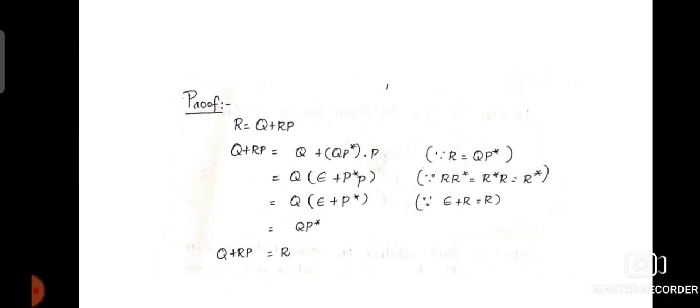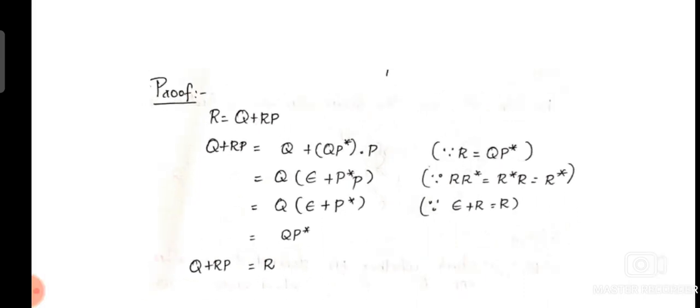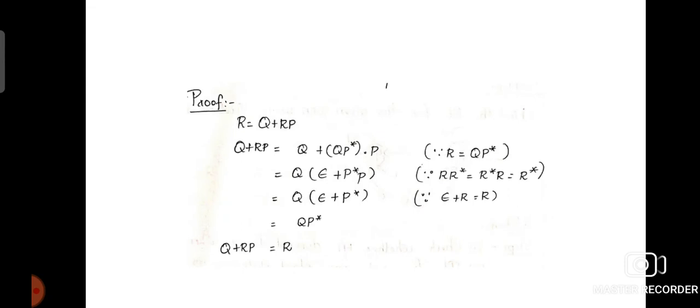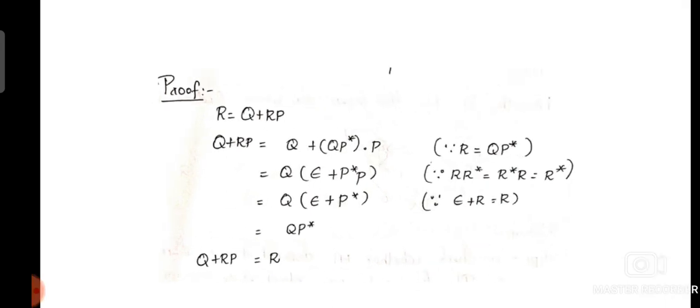That is, when we take Q from Q, the remaining thing will be epsilon. This will be applicable in this kind of problems. So when we take Q from Q, the remaining thing will be epsilon plus P star P. From the second term we are taking Q outside, so P star P.